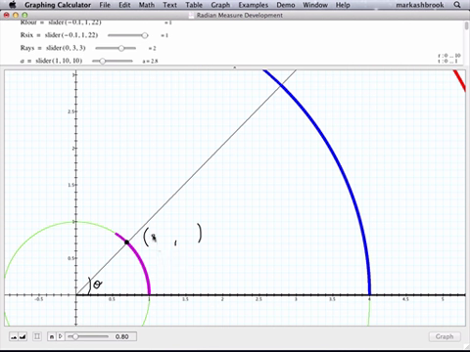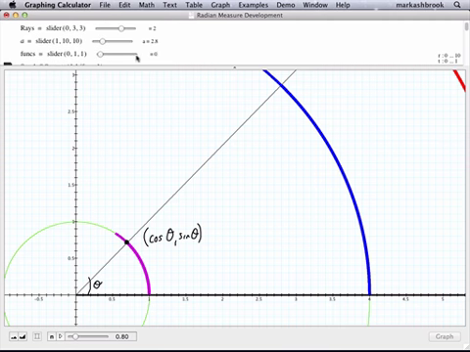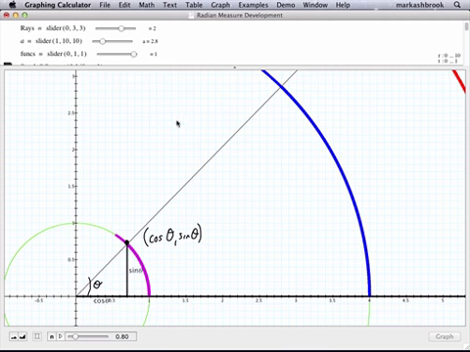It's cosine. Cosine is the x coordinate on the unit circle. Sine is the y coordinate. So the coordinates of that point are cosine, sine.